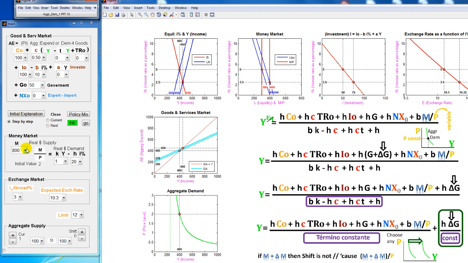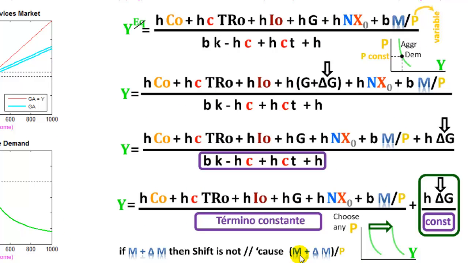That is what we are using now. Well, in this case, the shift is not exactly parallel. If M is incremented by this, then the shift is not parallel, because if here instead of M you have M plus this, then the term that you are going to get here is this.